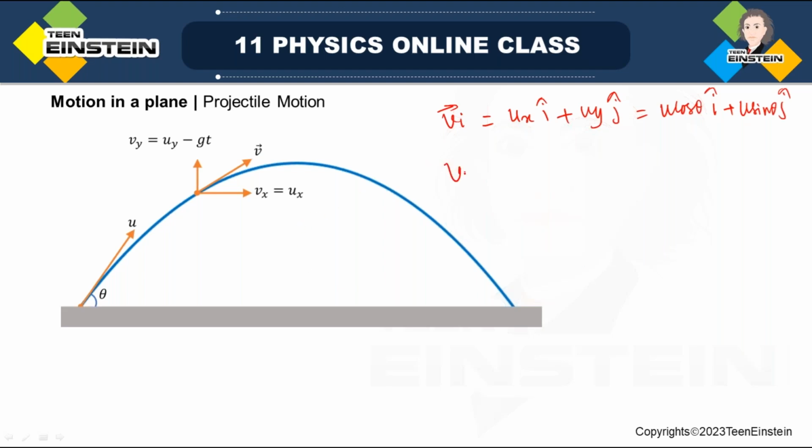Final velocity vf is u cos theta as it is, i cap, minus j u sin theta.